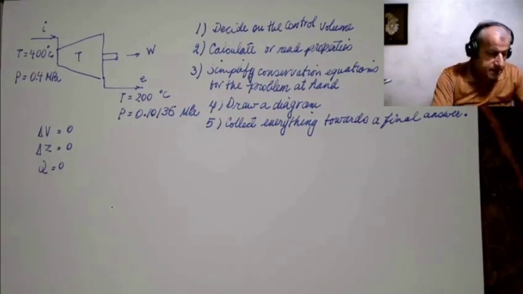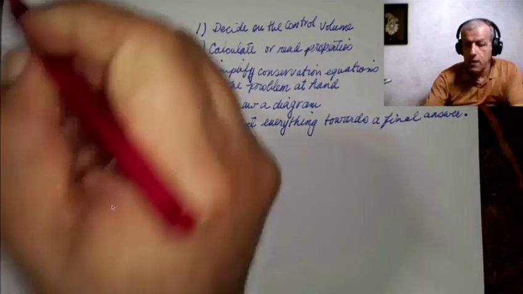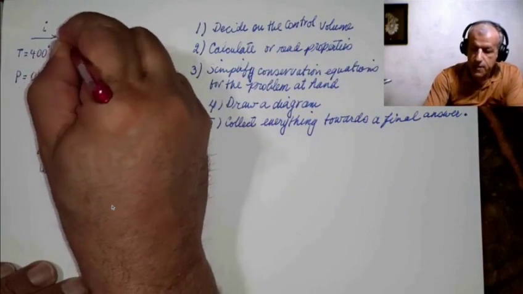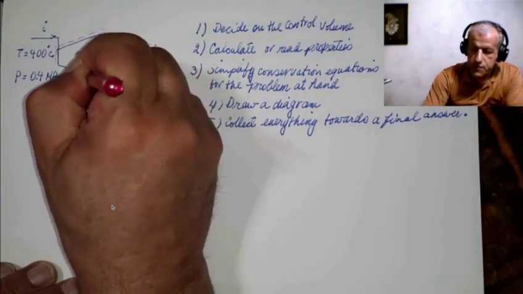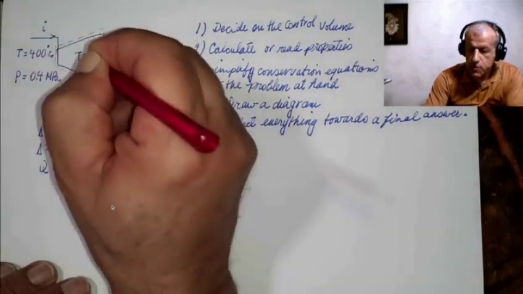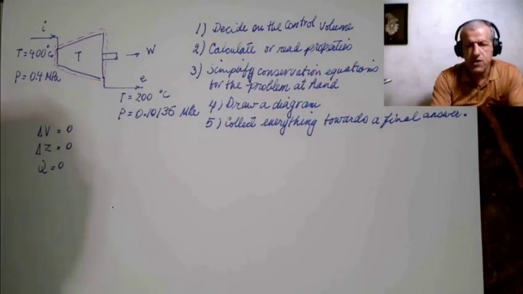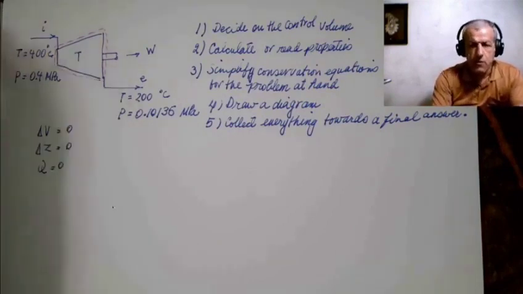And as a first step, what I do is to decide on the control volume, which is the turbine. Of course, what we are assuming is that there is no change in the material, and we don't take it really into account.